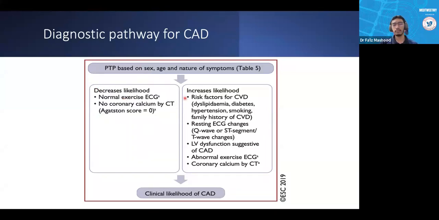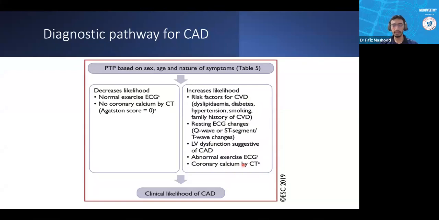Another example: let's say we have an intermediate risk patient who has any of the increased likelihood factors here, such as comorbids, changes on the resting ECG, LV dysfunction evidenced by echo, or an abnormal EST. From the intermediate group, we can consider the patient as high risk.